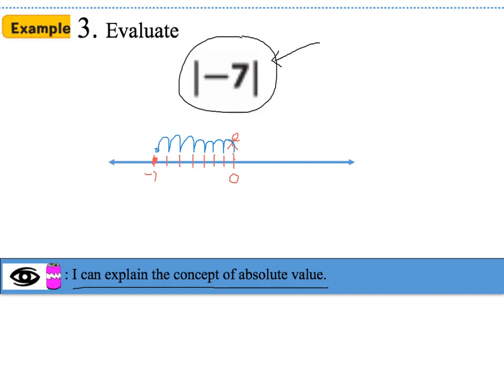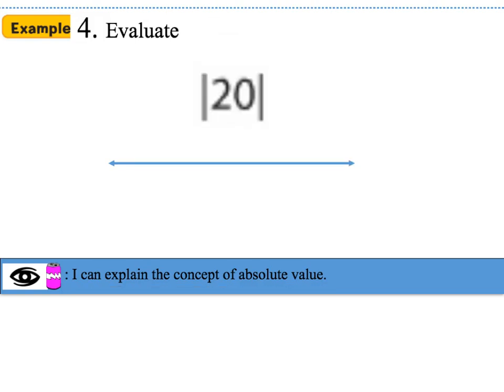The absolute value of negative 7 is equal to 7 because he moved a magnitude of 7 spaces. So even if it's in the negative direction, he still moved 7 spaces. And that's the magnitude of absolute value. So he moved 7 spaces because of that earthquake. The magnitude was considered a 7. So the absolute value of negative 7 is equal to 7.